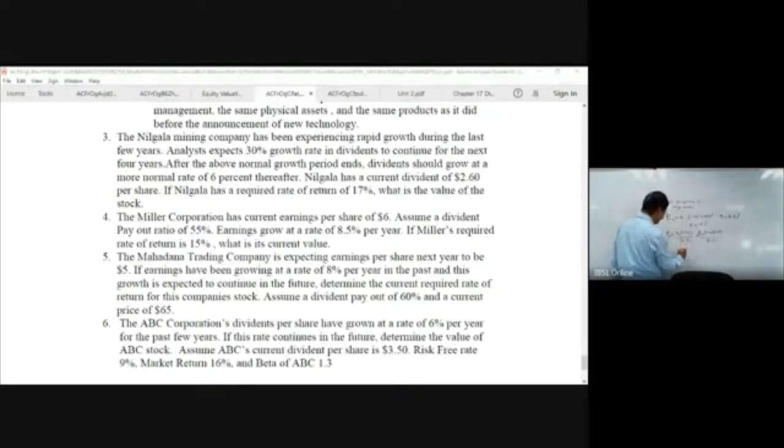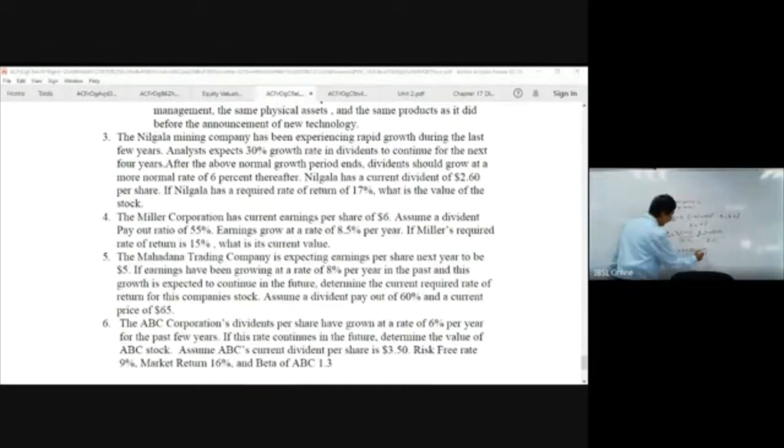E0 is 6. 1 minus B is 55%, 0.55. 1 plus G is 1 plus 8.5%, that is 1.085. That comes to the numerator.